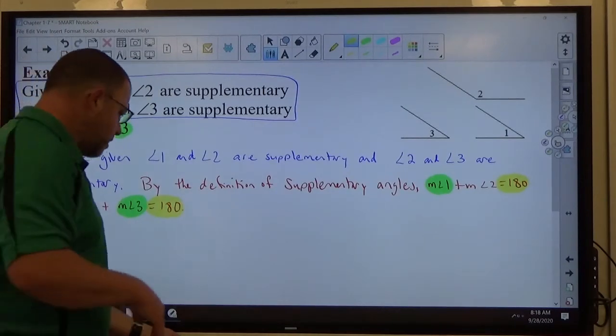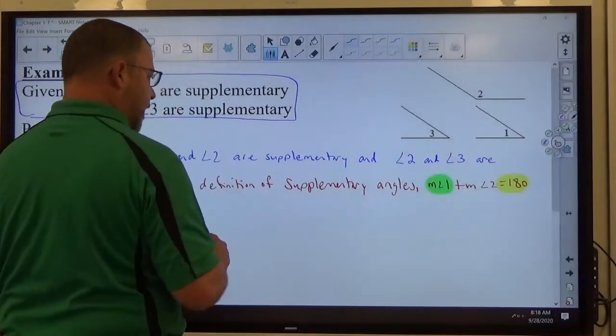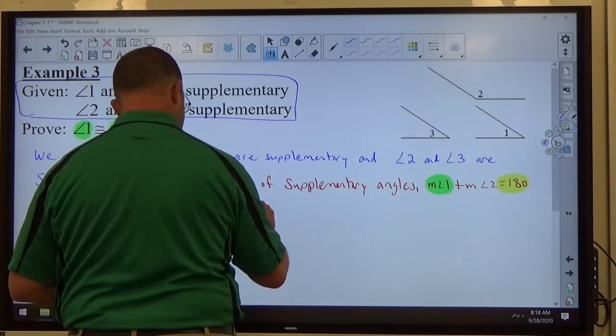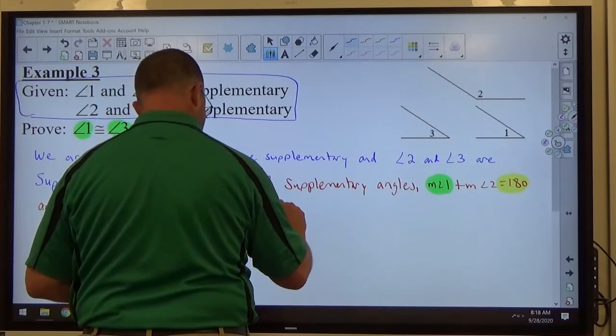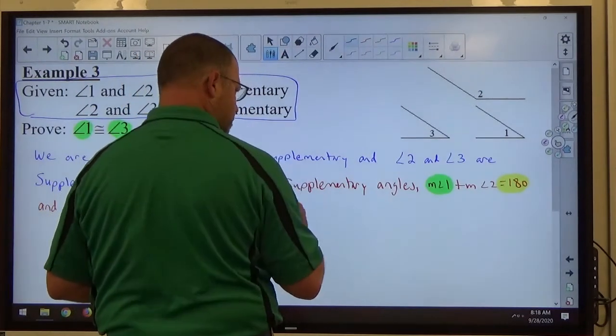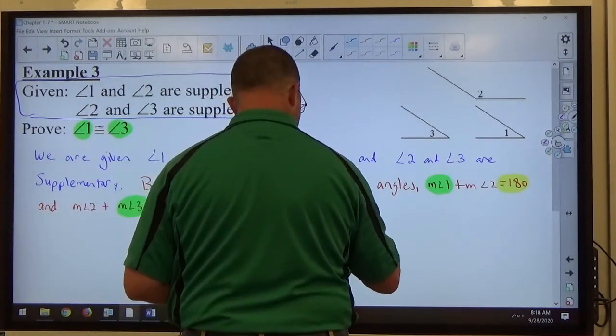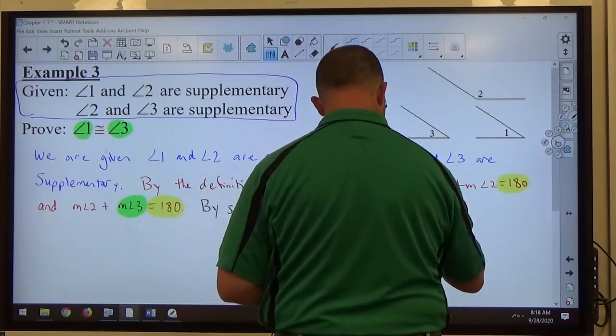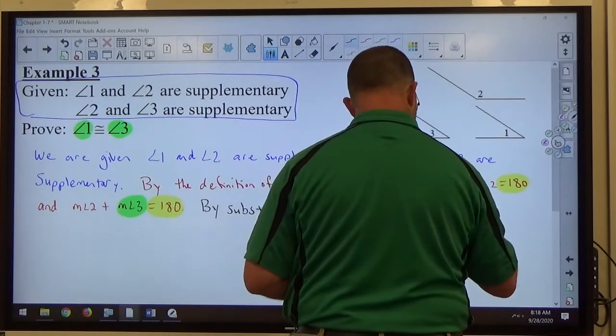So we can say by substitution, measure of angle 1 plus measure of angle 2 equals measure of angle 2 plus measure of angle 3.